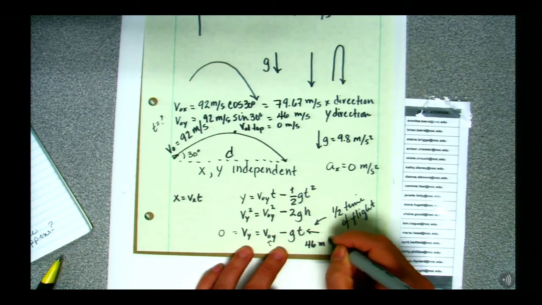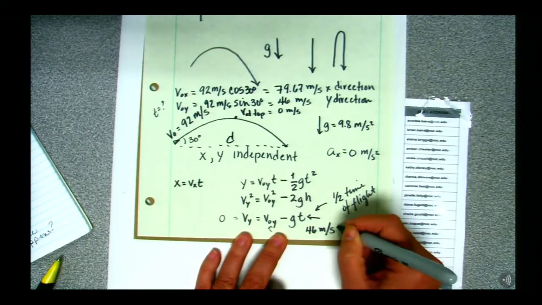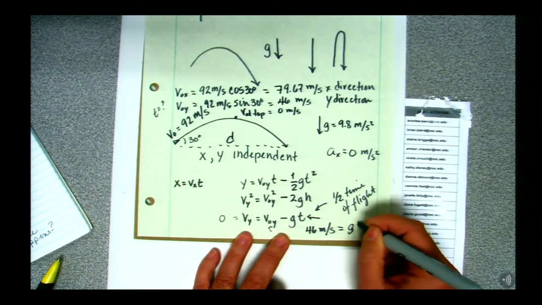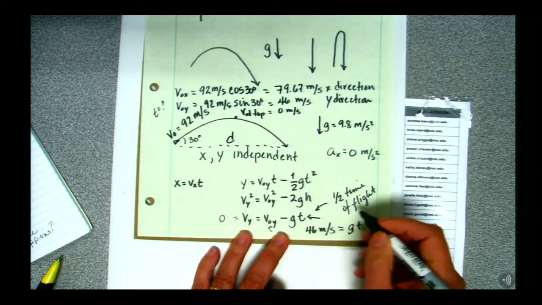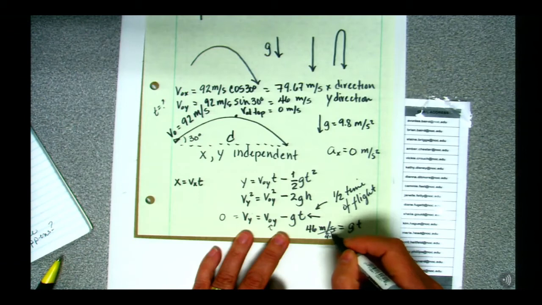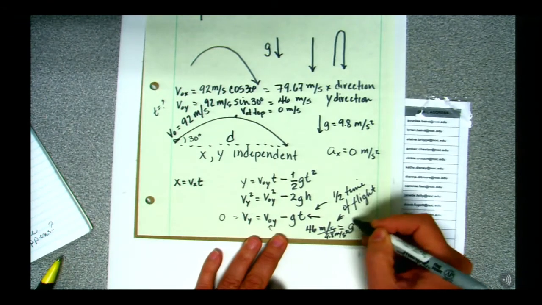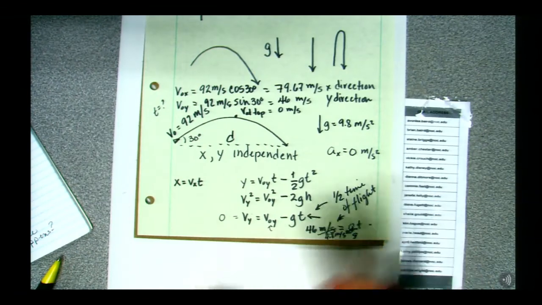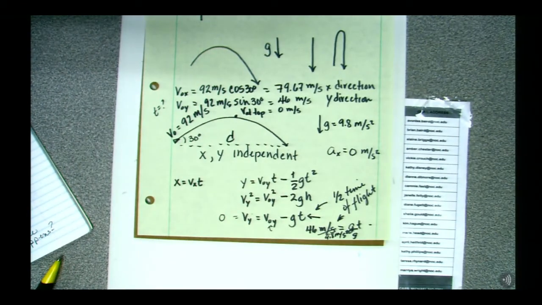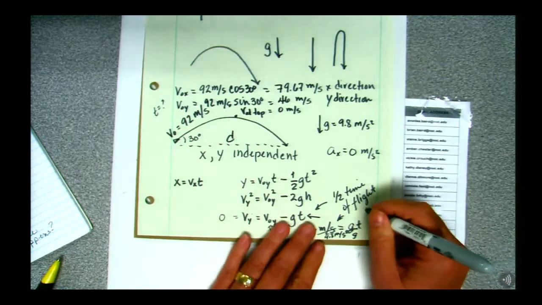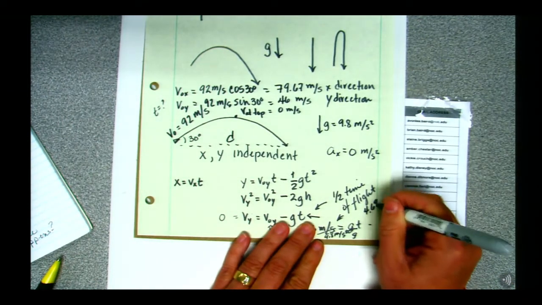So if I really want to solve distance, in this case I'm going to have my 46 meters per second is equal to gravity times time. So it's going to be 46 divided by 9.8 meters per second squared. That's going to give me my time. I do 46 divided by 9.8. It gives me 4.69 seconds.